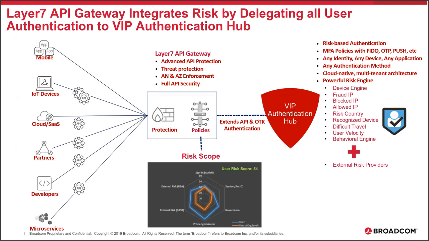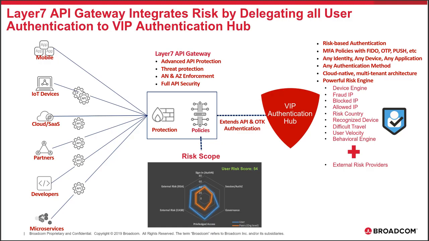Okay, just an example. If you were to have this kind of infrastructure, what would it look like? Well, it so happens that our API gateway integrates risk by delegating user authentication to our authentication management solution, which we call the API Authentication Hub, and we'll talk a little bit about that.